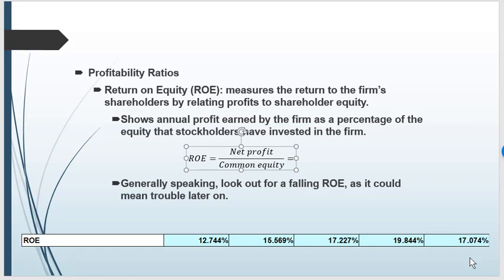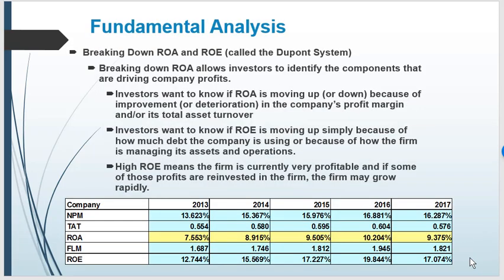So one of the things we might want to do is do some type of analysis. And they talk in your textbook about breaking down return on assets and return on equity. And quite simply, this is really just a multiplication, if you will, right? If you take the net profit margin and multiply it by total asset turnover, you get return on assets.